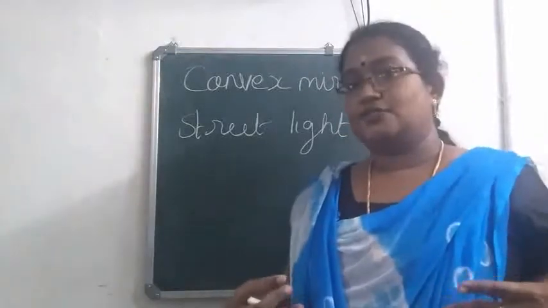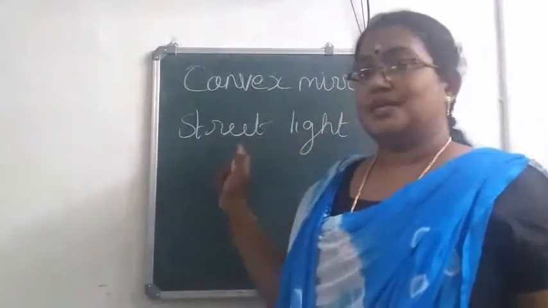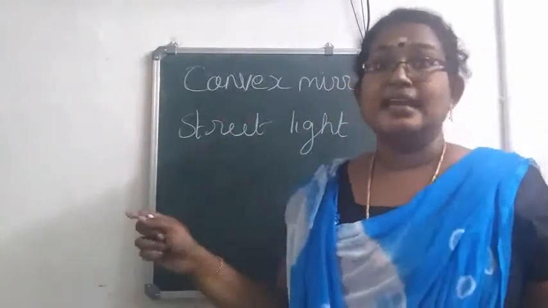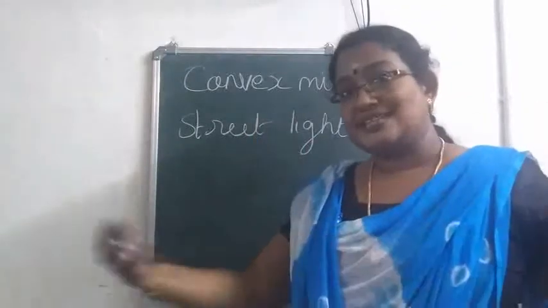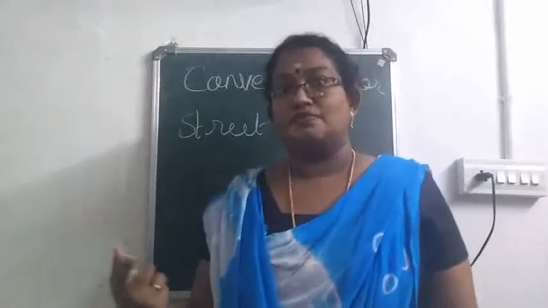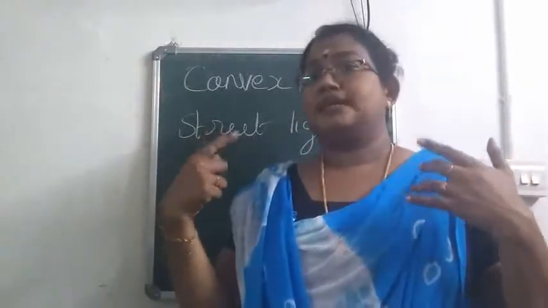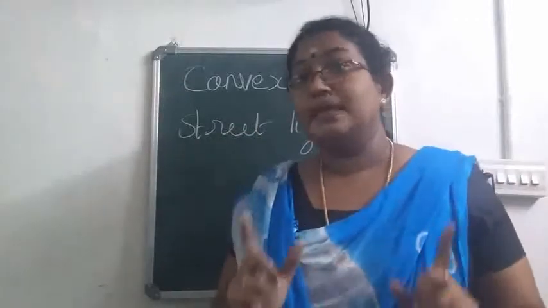The specialty of a convex mirror is it spreads the light rays in all the sides, so that entire region will be visible.